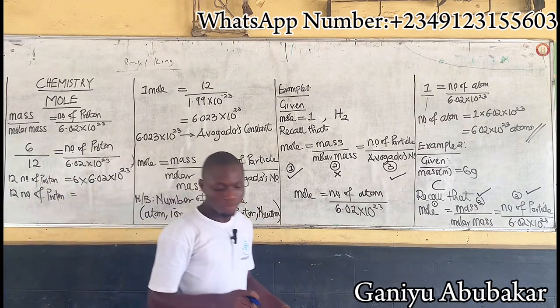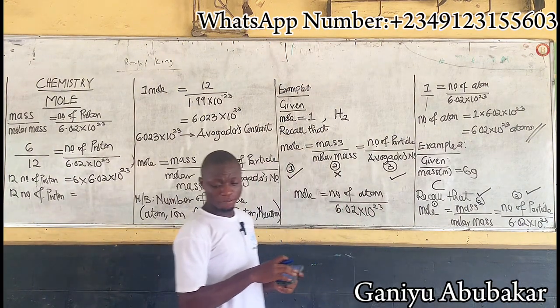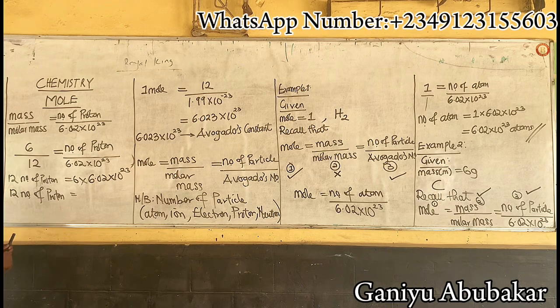I take my calculator and punch in the values. At this junction, let me make a quick solving to save our time. We're looking for the number of particles here, so I will divide both sides by 12.